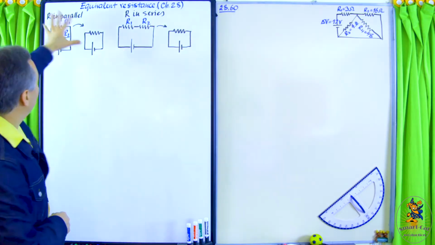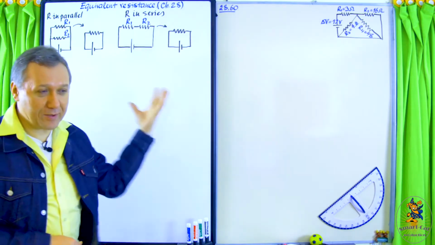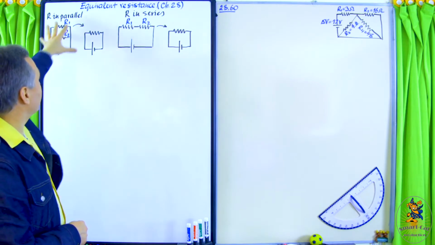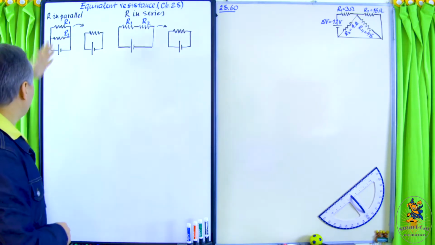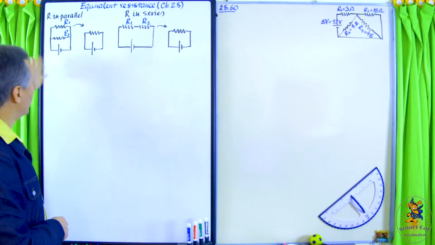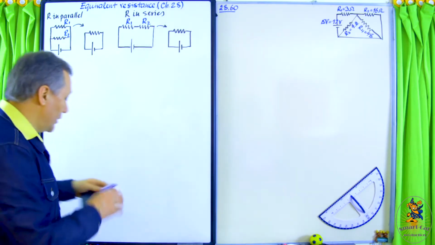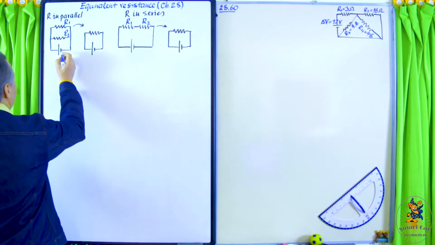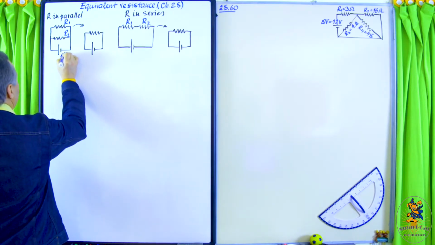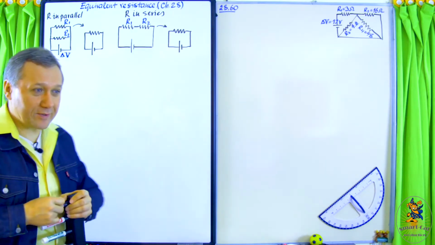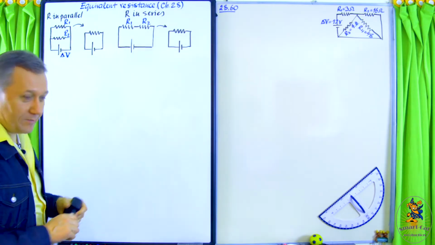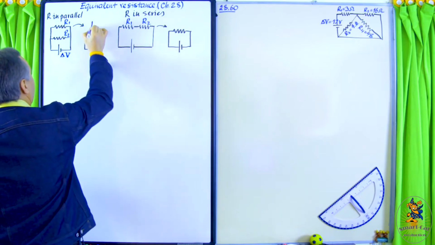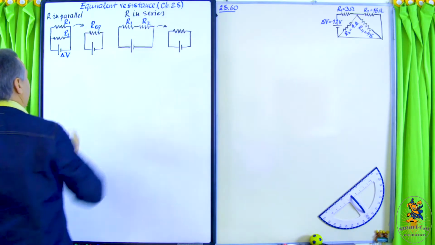Okay, so first I prepared in advance. Let's say we have resistors connected in parallel, and for simplicity, I just drew two resistors, R1 and R2, and they are connected to the battery with the potential difference delta V. So, method of an equivalent resistor. In the method, you replace them with a single resistor, which we call R equivalent, right?